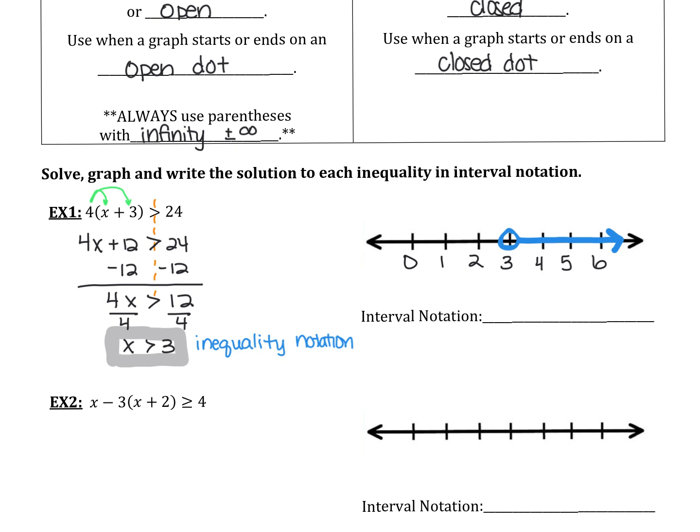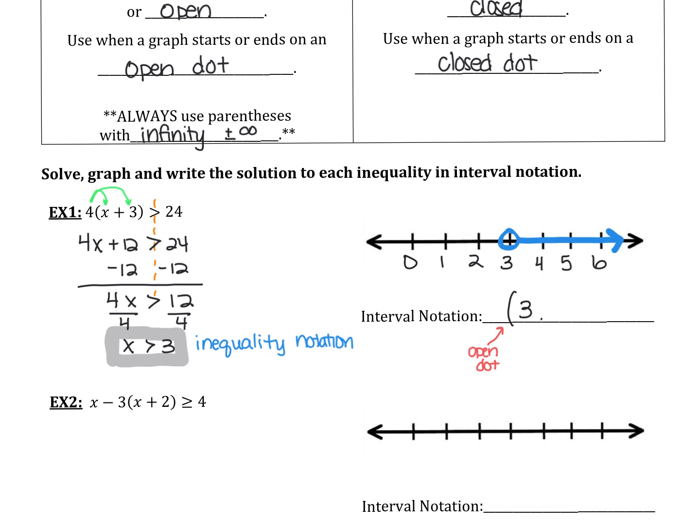So I'm going to scan my number line and look for my lowest number. Well, my lowest number is 3, so I'm going to start by putting a 3. Now, because there was an open dot, I'm going to put a parenthesis by the 3. This parenthesis right here tells me that we had an open dot at 3.